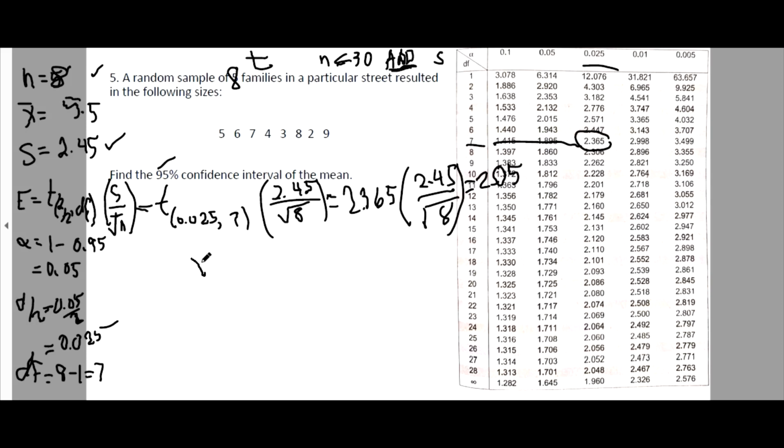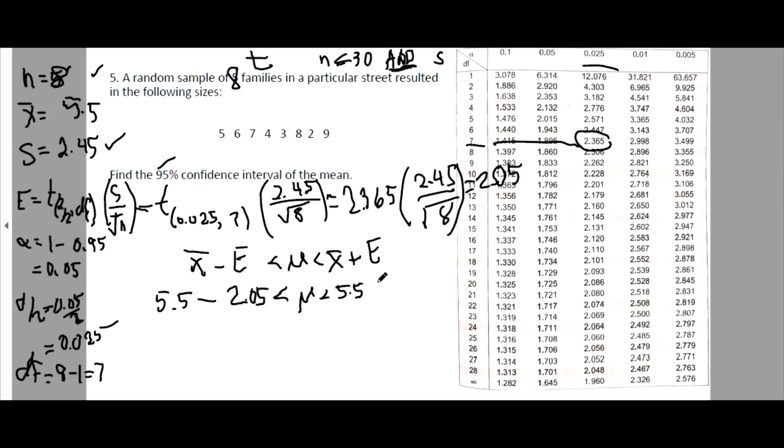So thus we have our interval like this. Our sample mean is 5.5 minus our E, or margin of error, 2.05. Then our upper limit is 5.5 plus 2.05.